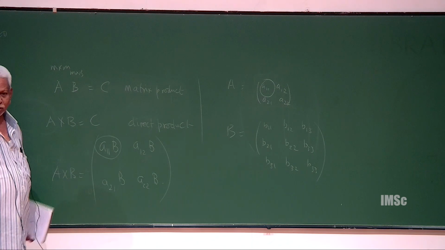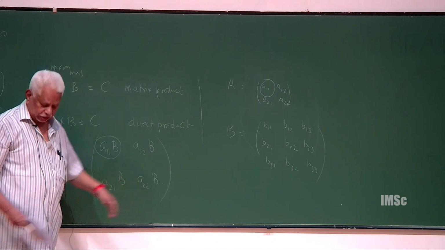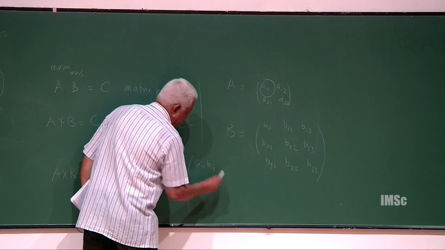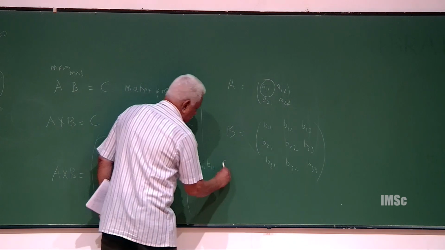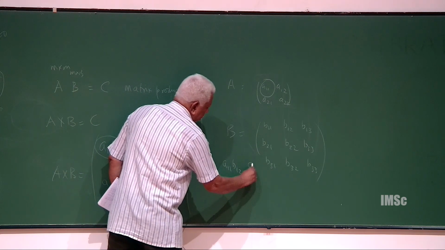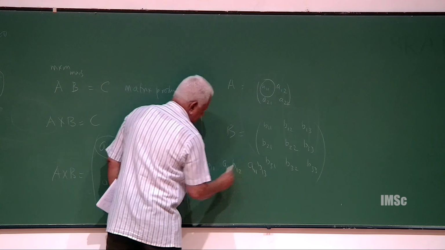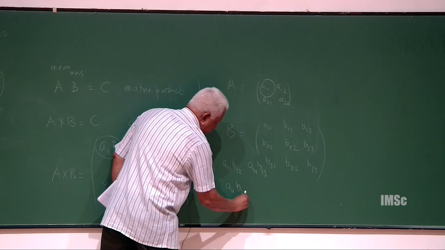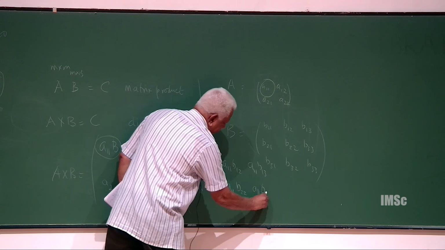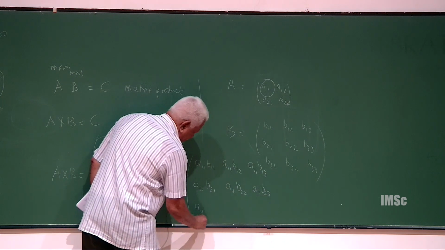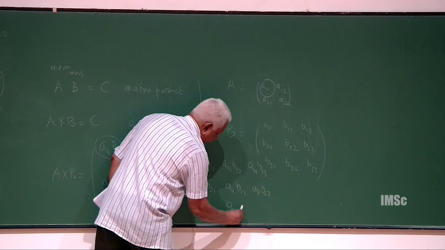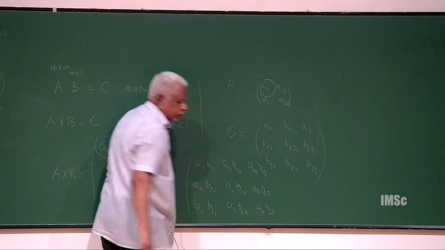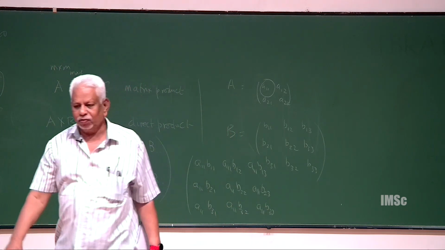It is A11B11, A11B12, A11B13, A11B21, A11B22, A11B23, and then A11B31, A11B32, A11B33. That is the first term, the first block.